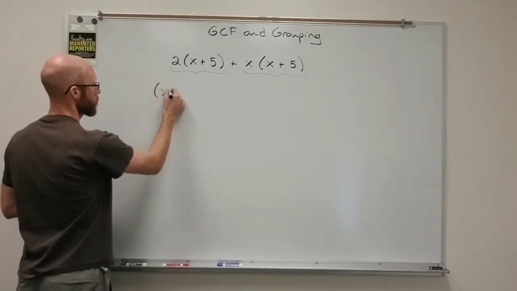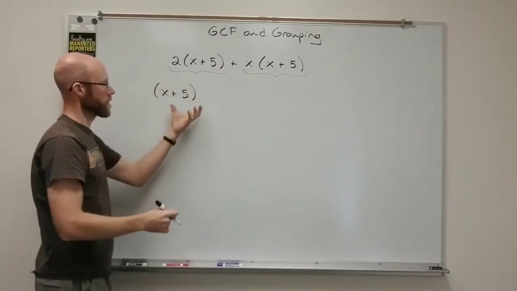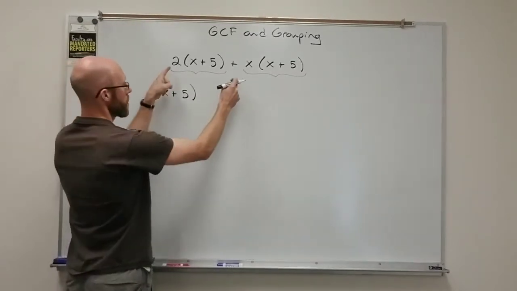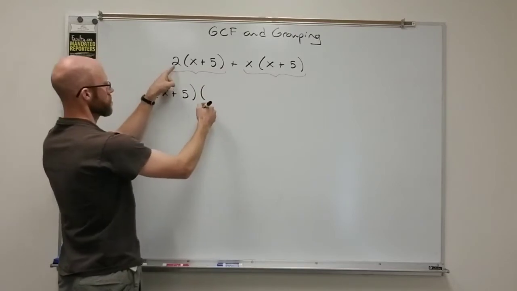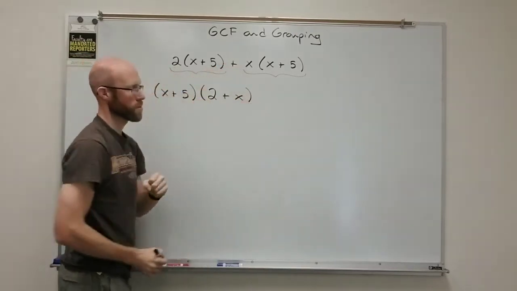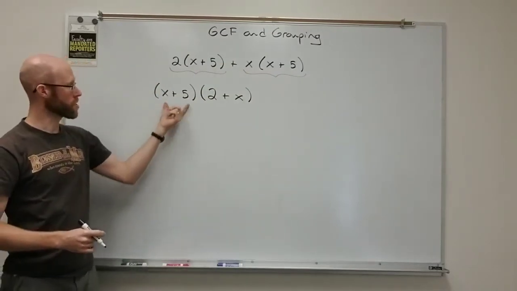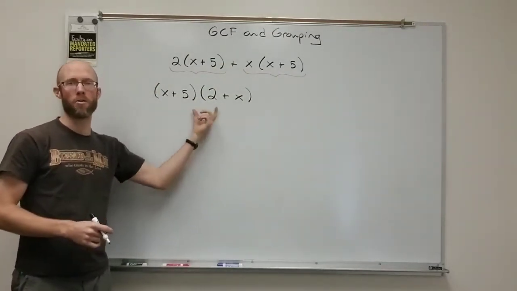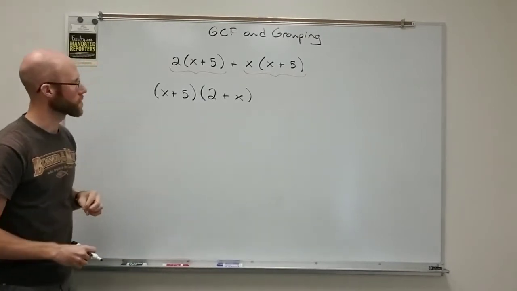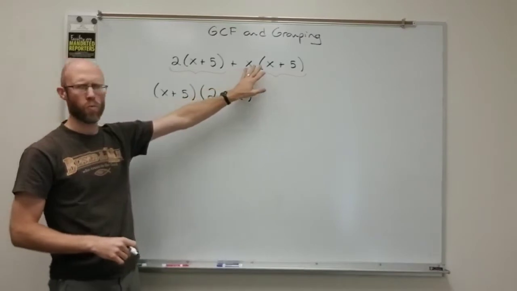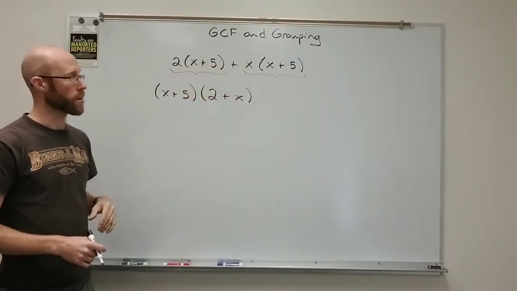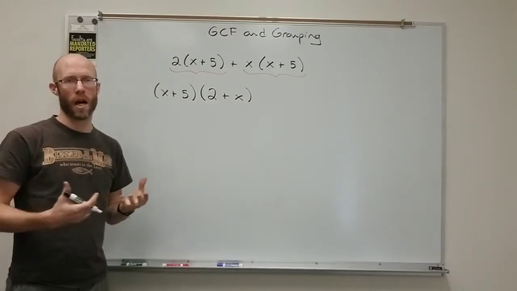So I have x plus 5 as the factored out factor, and then the remaining factors are 2 and x. Okay, and so this gives me actually a pair of binomials as the factors. Okay, it's kind of interesting. It's a little bit weird, but it works because we're just factoring out a binomial common factor.